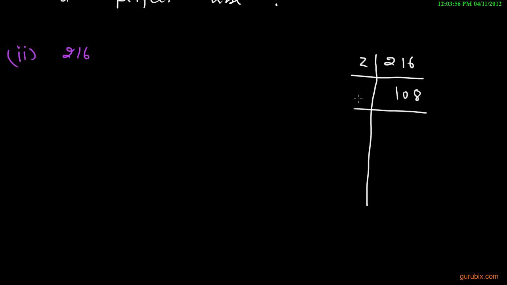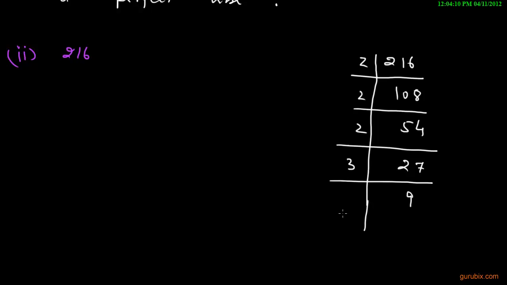In part 2 we are given a number 216, and now we shall factorize this 216 by using the prime factorization method. By this method, this number can be divided by 2 to get 108, and this number can also be divided by 2 to get 54, and this 54 can also be divided by 2 to get 27, and we know that 27 can be divided by 3 to get 9, and this 9 can be divided by 3.